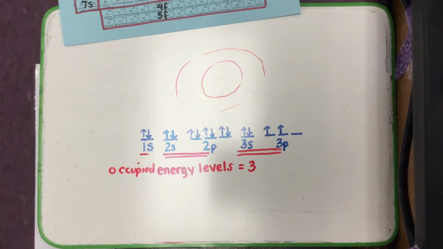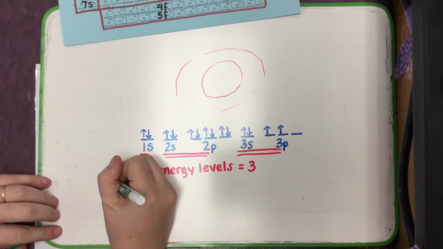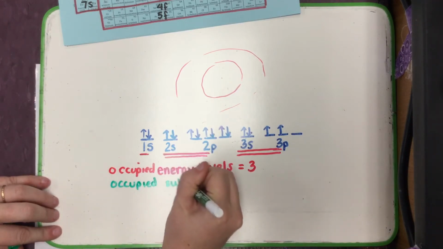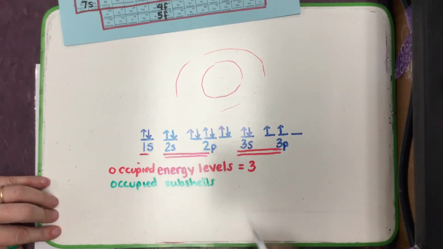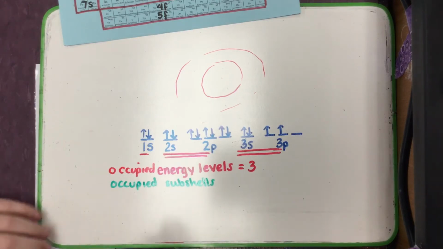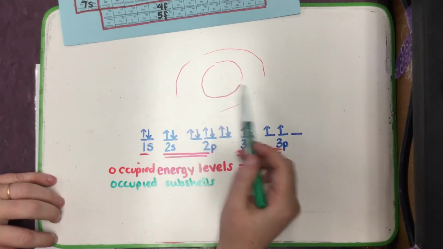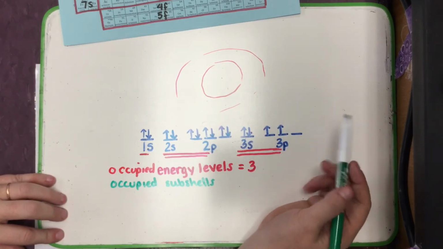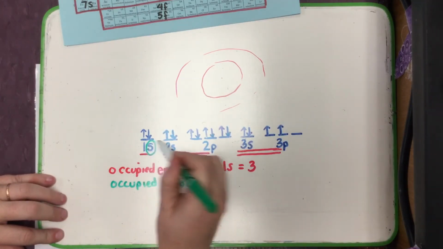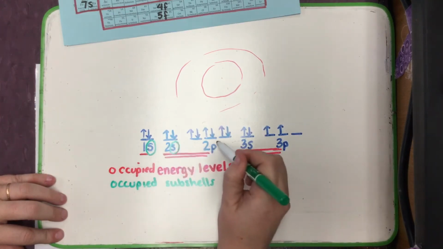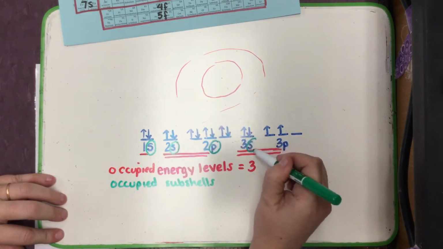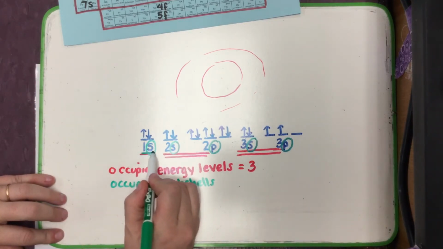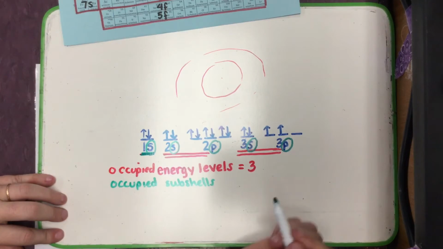The next thing that we described were occupied subshells. And we said subshells were a more specific region. It's when we not only know the size, or the distance from the nucleus, but also the general shape. And the shapes were represented by the letters. These are the angular momentum quantum numbers. But anytime you have a different number-letter combination, that's a new subshell.